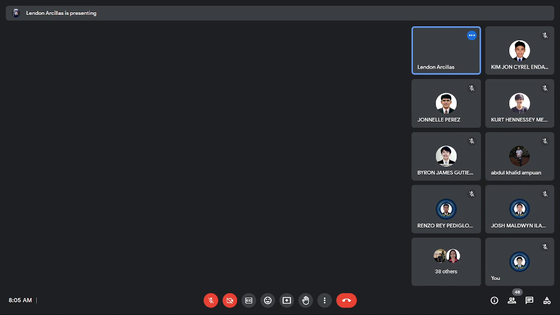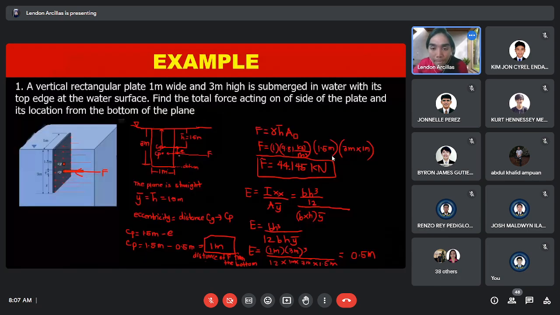Okay. Again, to find the total hydrostatic force, that is just the specific weight where the substance is submerged, that is water, 1 times 9.81 times the H bar. So ano nga yung H bar?